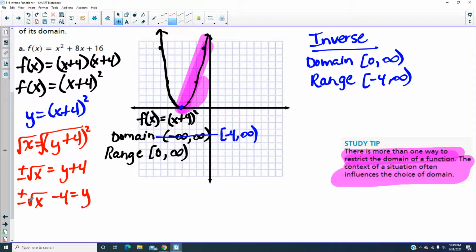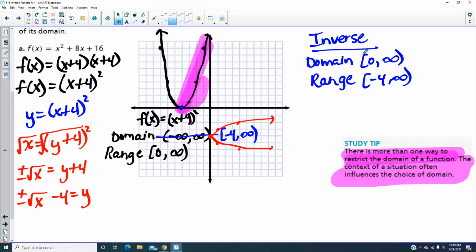Now, it's not going to be plus or minus because I've restricted the domain, so let's see what happens. All right, so if I graph that, that's down for 1, 2, 3, 4. 2. All right, so it looks like the inverse, if I leave it like this, it's not going to be the function.